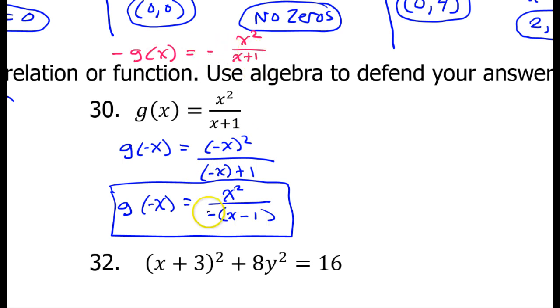It's got the negative, but it has x minus 1. Once you pull the negative out, you have x minus 1, where it should be x plus 1. So it doesn't match either one.